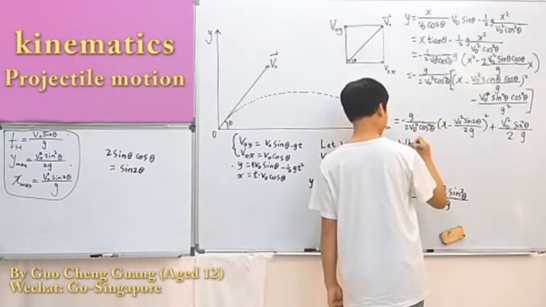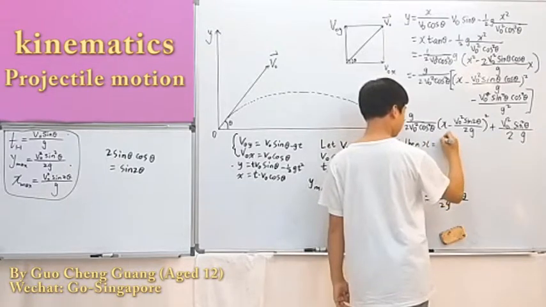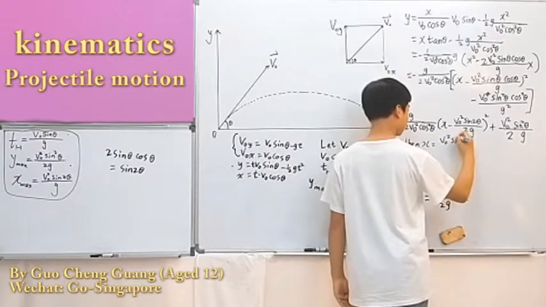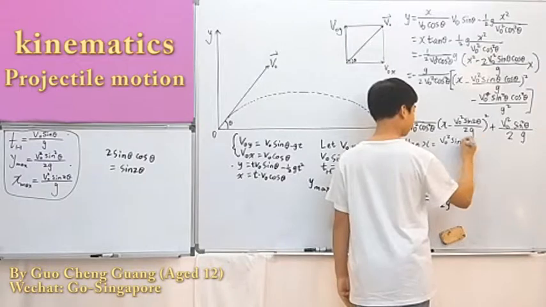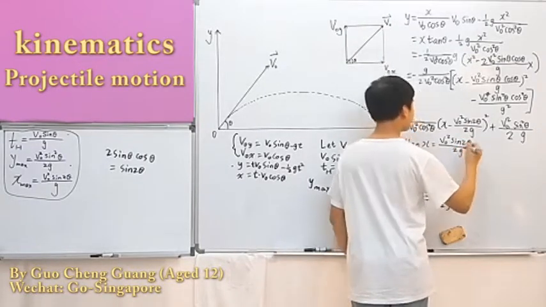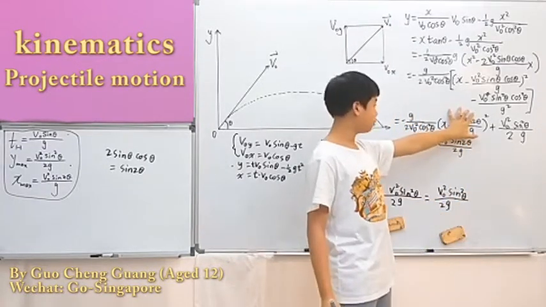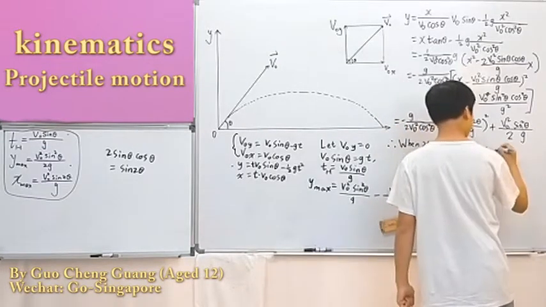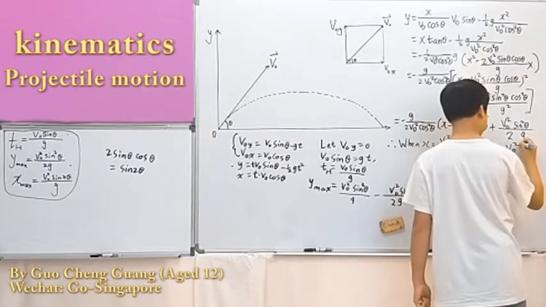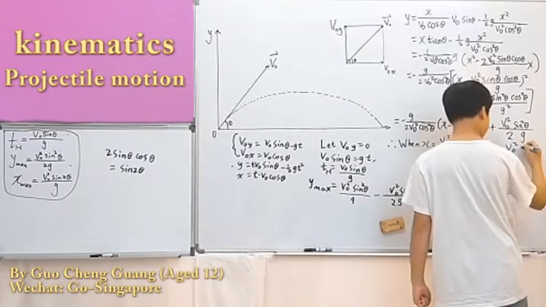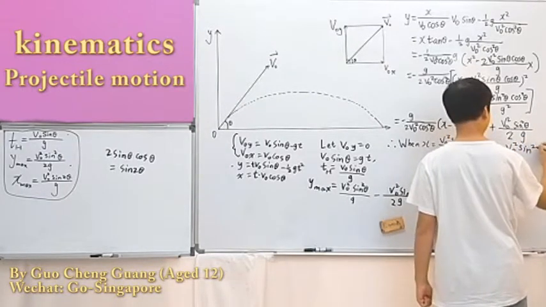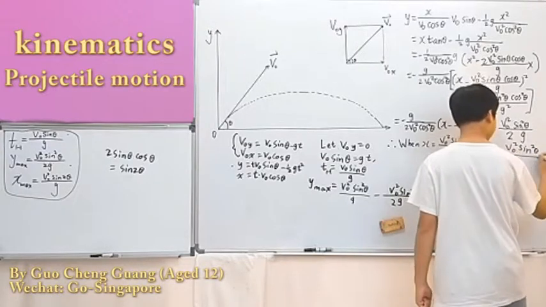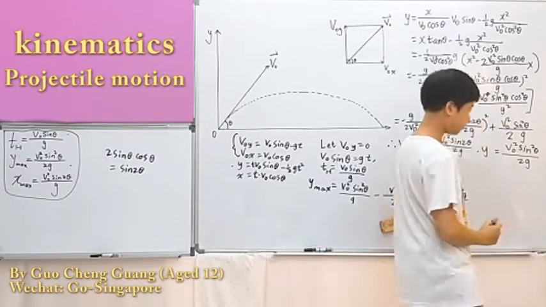So what if x is equal to this part behind? So when x is equal to this part, that means here you get 0. Then the only part left is here. Y for this part will be this initial velocity square sine square theta over 2g.